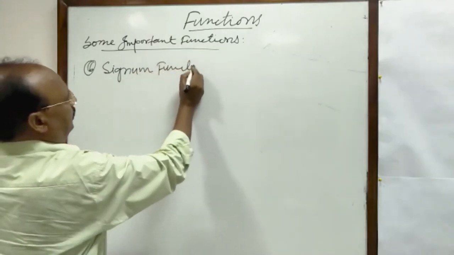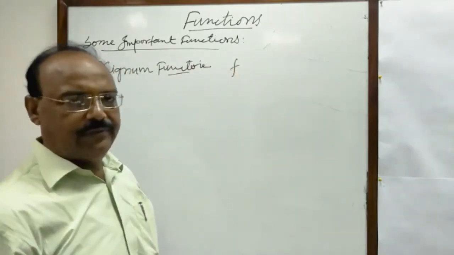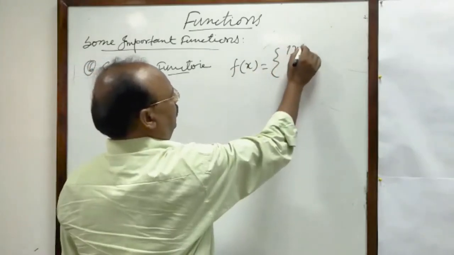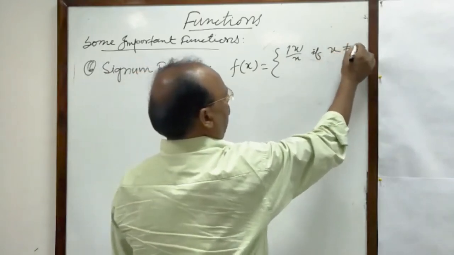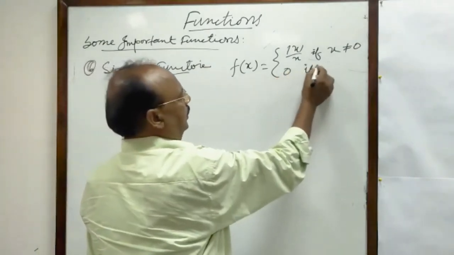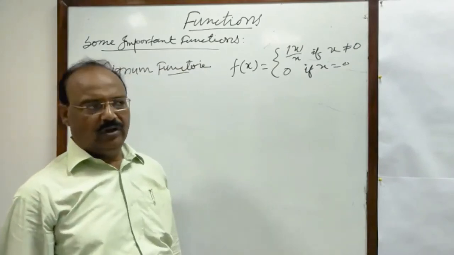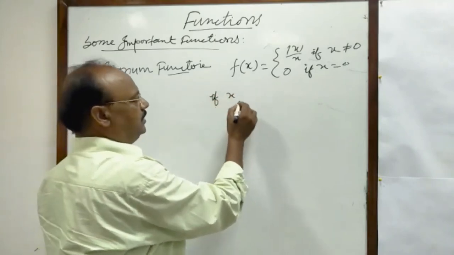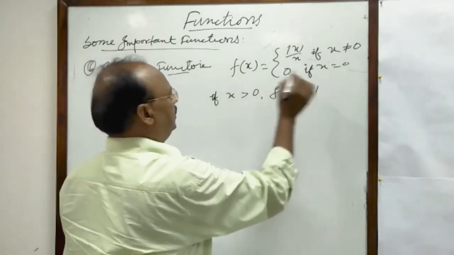This is signum function. So any function f which is defined as f(x) is equal to mod of x by x if x is not equal to 0 and f(x) is equal to 0 if x is 0, then this function is known as signum function. So here clearly, if x is greater than 0, f(x) is equal to 1.